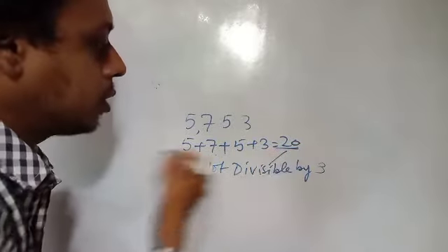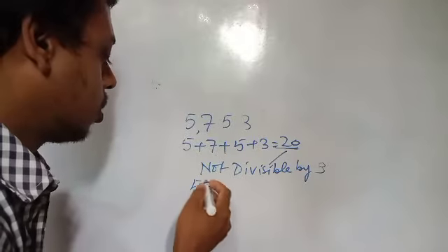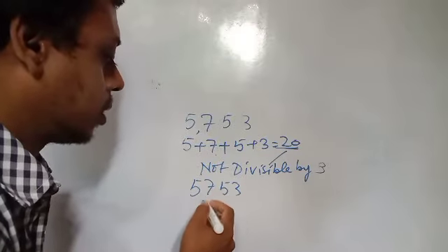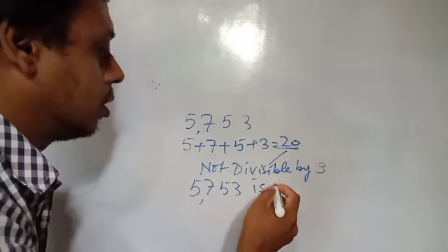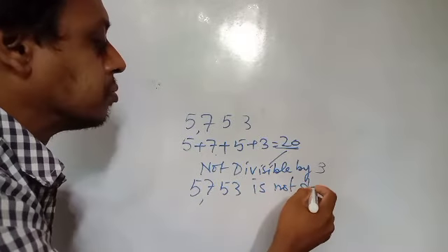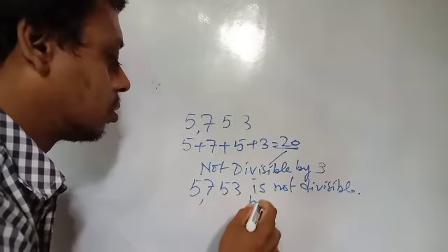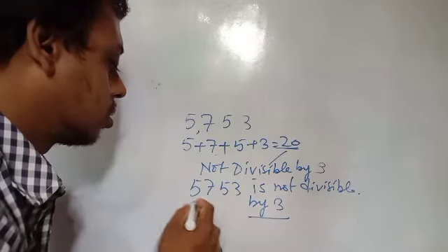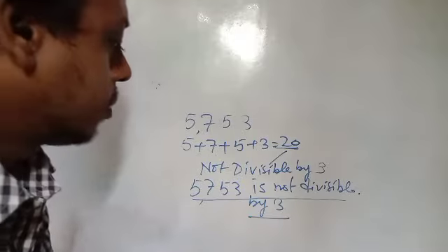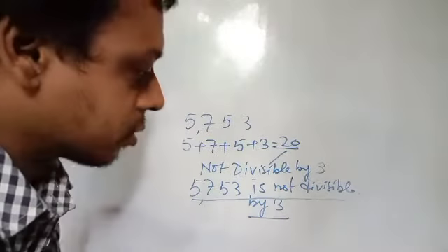Then when the sum is not divisible by 3, the number also will not be divisible by 3. 5753 is not divisible by 3.